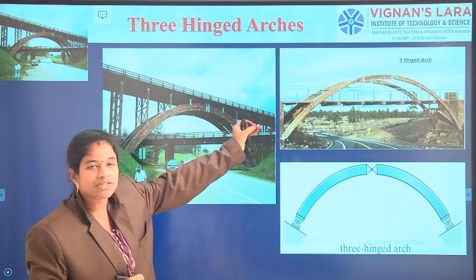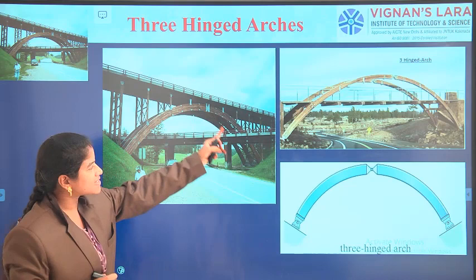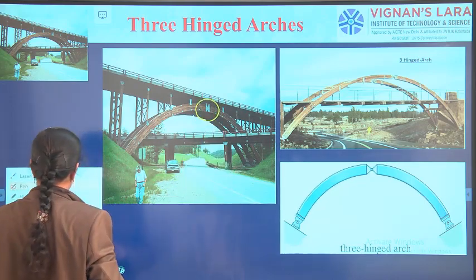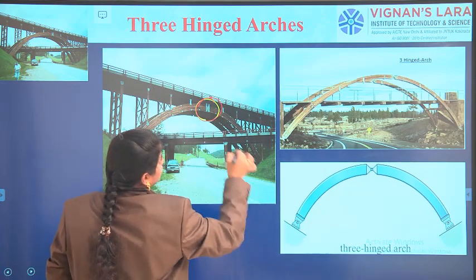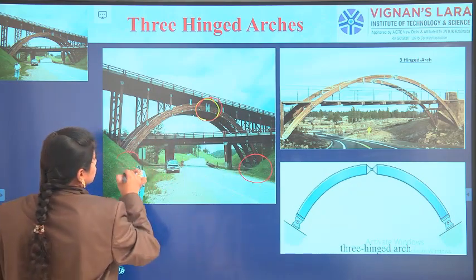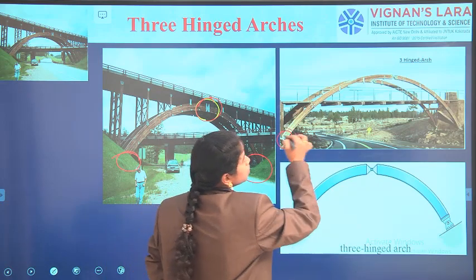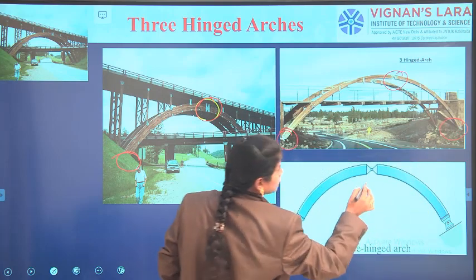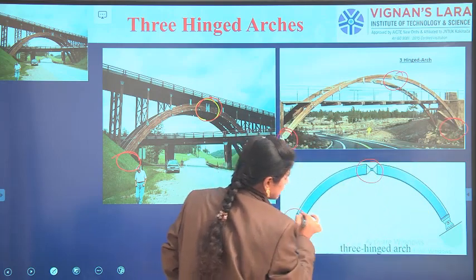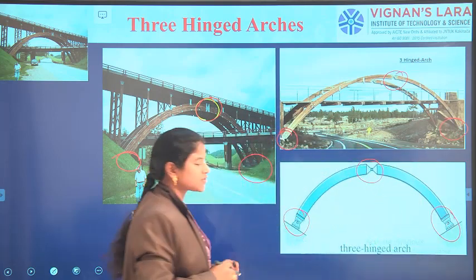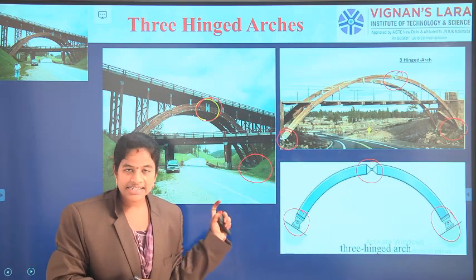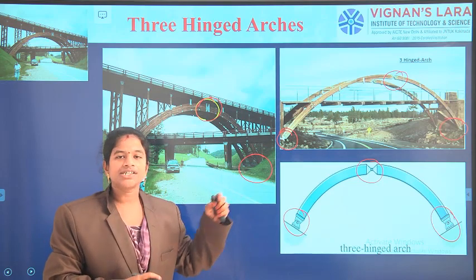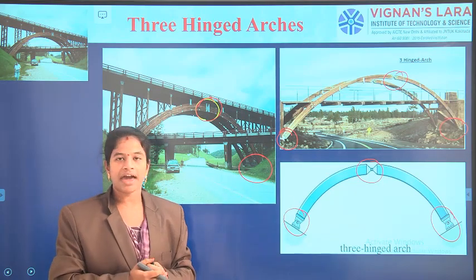Simply, you can observe 3-hinged arches which are constructed with 3 hinges at the 2 supports, and here also you can observe some three-hinged arches. These 3-hinged arches are being developed for getting an arch which is producing a larger span.